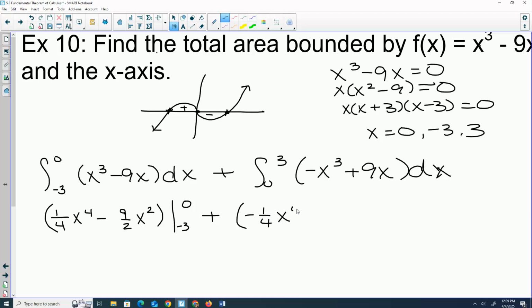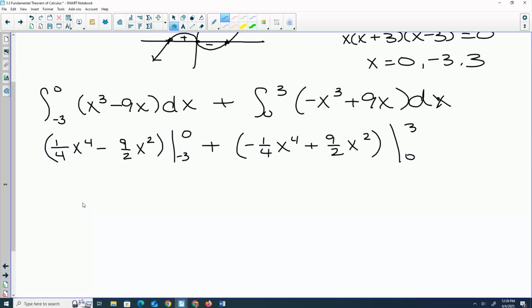That's -1/4 x to the 4th plus 2.5 x squared. Alright, so if I plug in my 0, I get 0, minus -3 to the 4th is 81 over 4, minus 81 over 2.